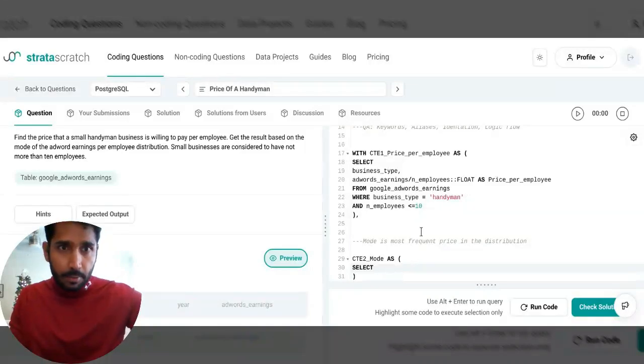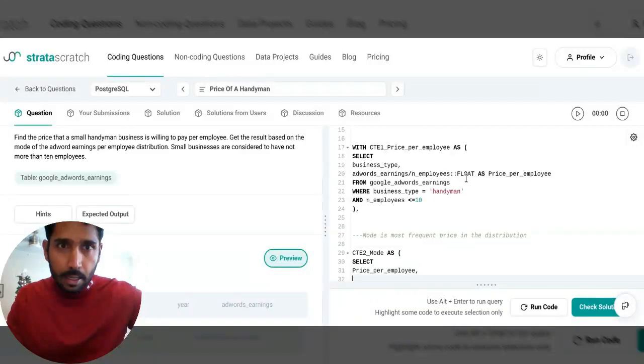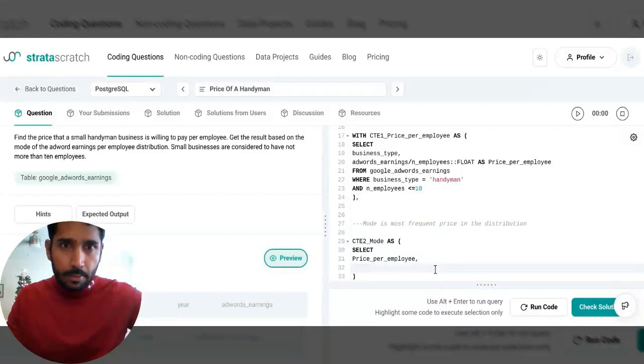Now we have the price per employee. And then we want to get the rank, to identify the most frequent price per employee.